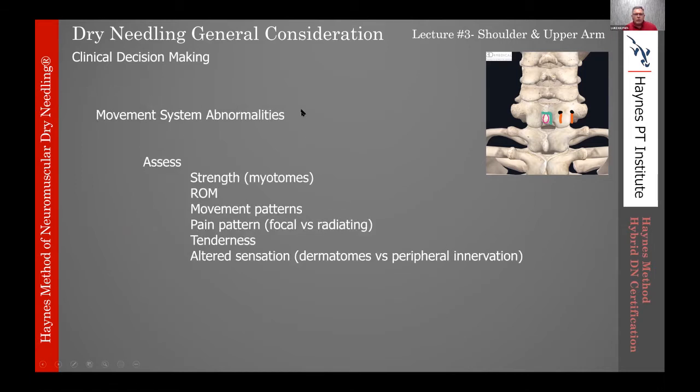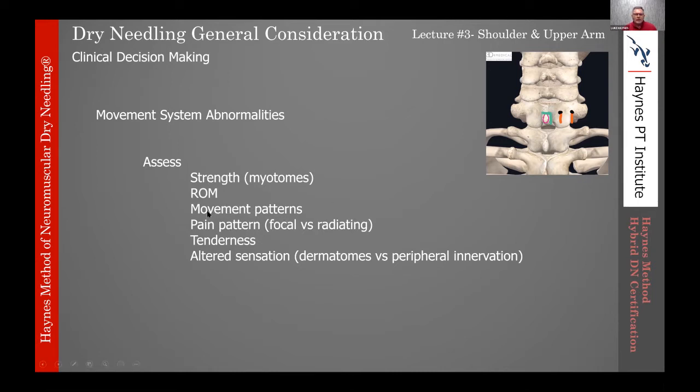So when we're addressing these movement system abnormalities, the things that we have to assess, and again, this is similar to what we said last time, we need to look at our strength, our specific myotomes. We need to address any range of motion limitations. If it's a shoulder, have them go through flexion, extension, abduction, horizontal abduction, internal, external rotation, compare unilateral to bilateral, and look for any asymmetries there.